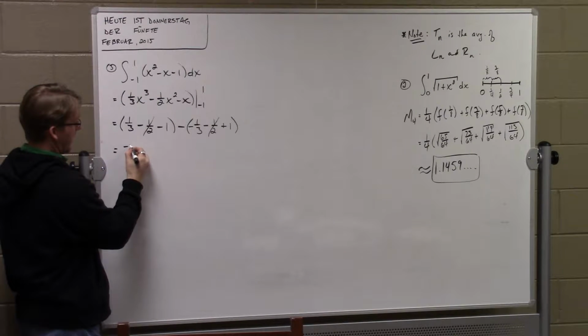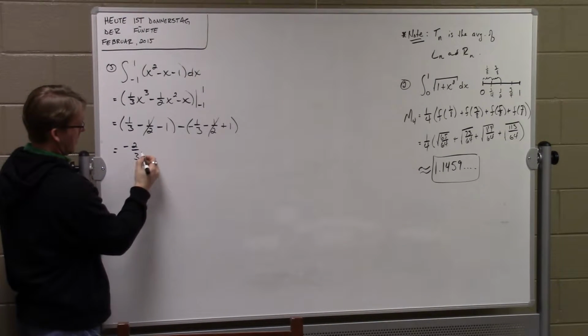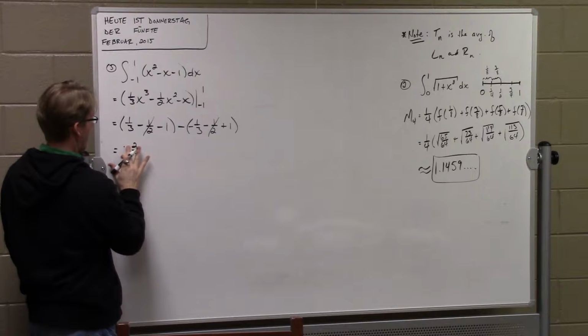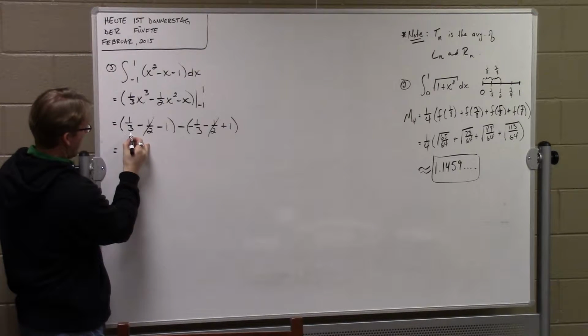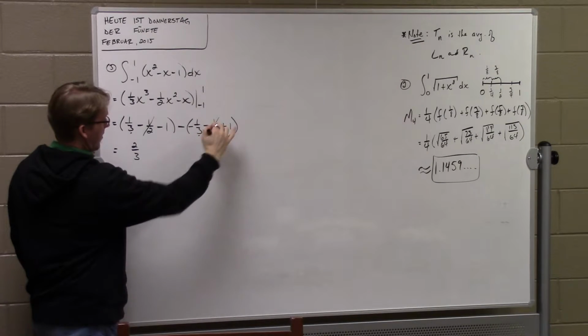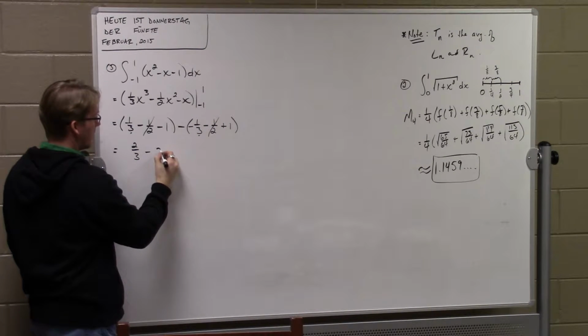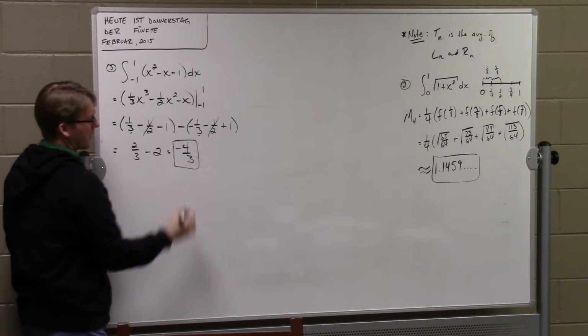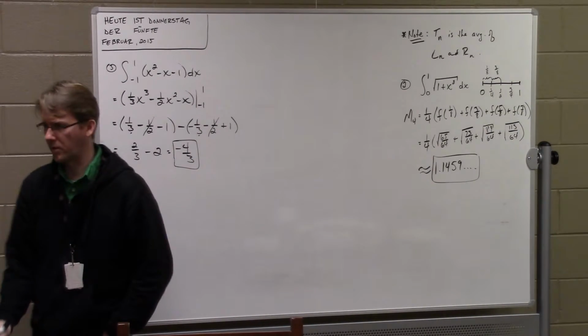This is going to be -2/3, I think. Hang on, I wouldn't have done that. This 1/3 and that 1/3 make 2/3. This -1 and that make -2, which is -4/3. Calculator, you already got -1.333333.